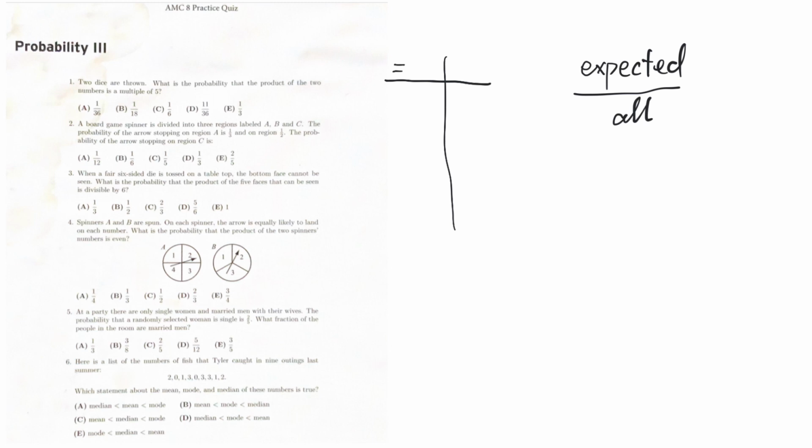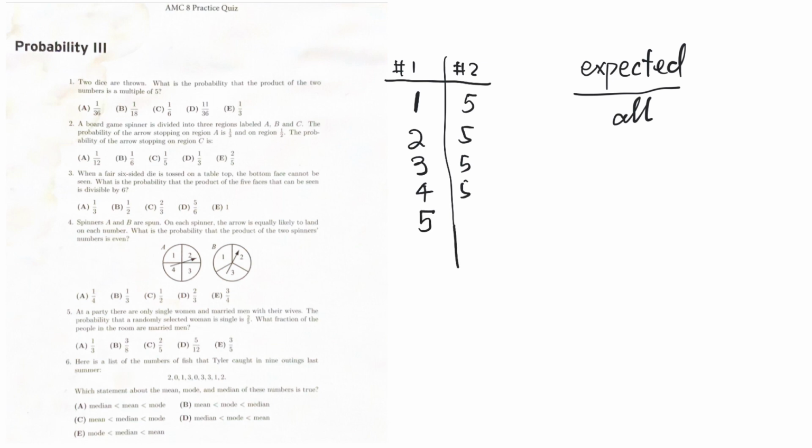We have two dice, number 1 and number 2. If dice 1 shows a 1, then dice 2 must be 5, and 1 times 5 is a multiple of 5. If it's a 2, must be 5. 3, only 5. 4, that's the 5.